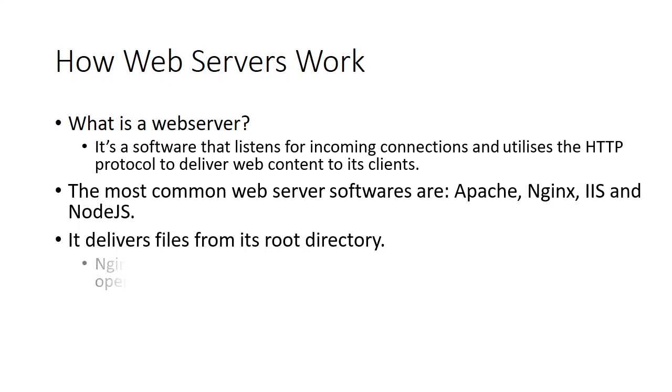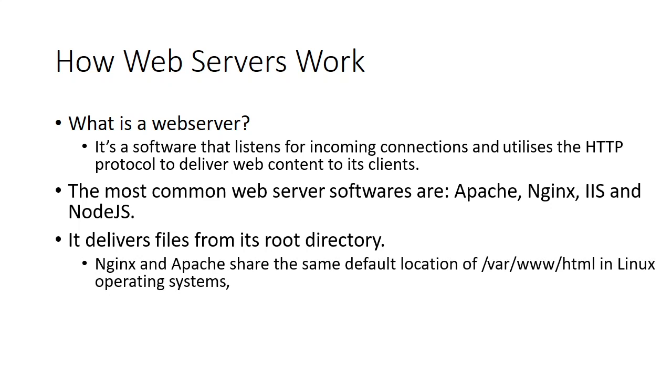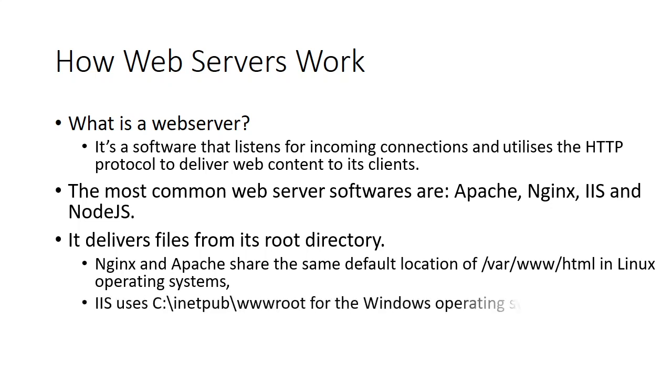For example, Nginx and Apache share the same default location of /var/www/html in Linux operating systems, and IIS uses inetpub and /wwwroot for the Windows operating systems.